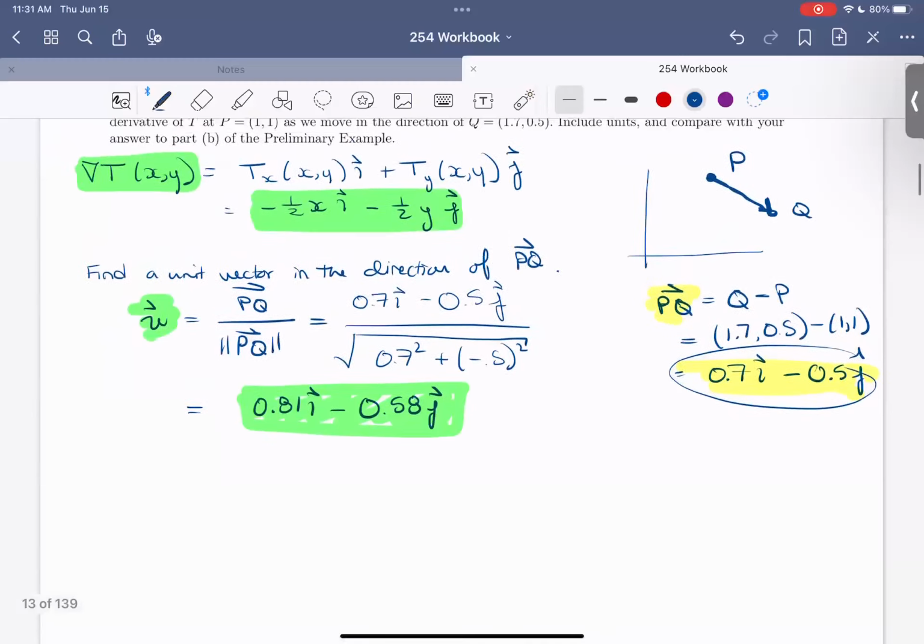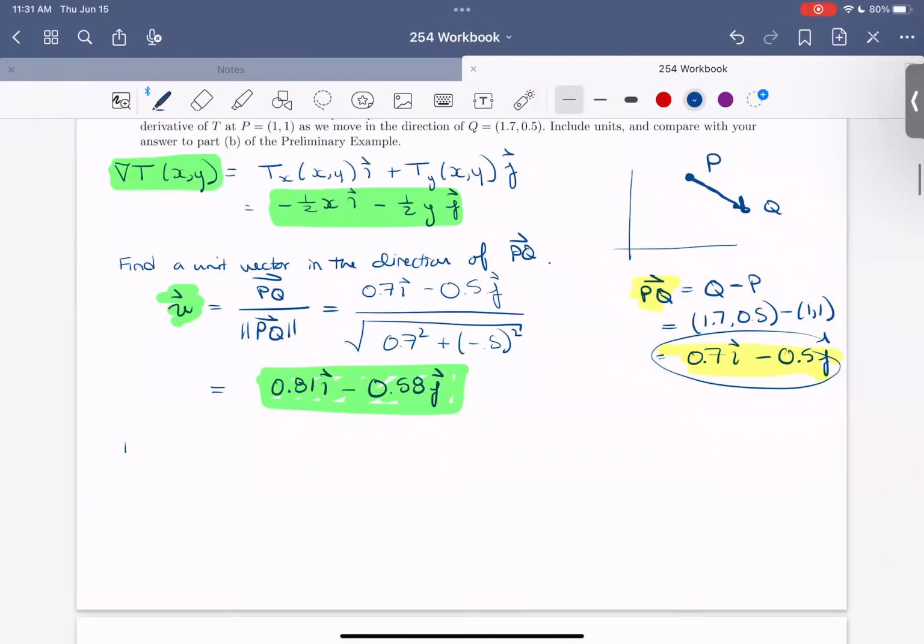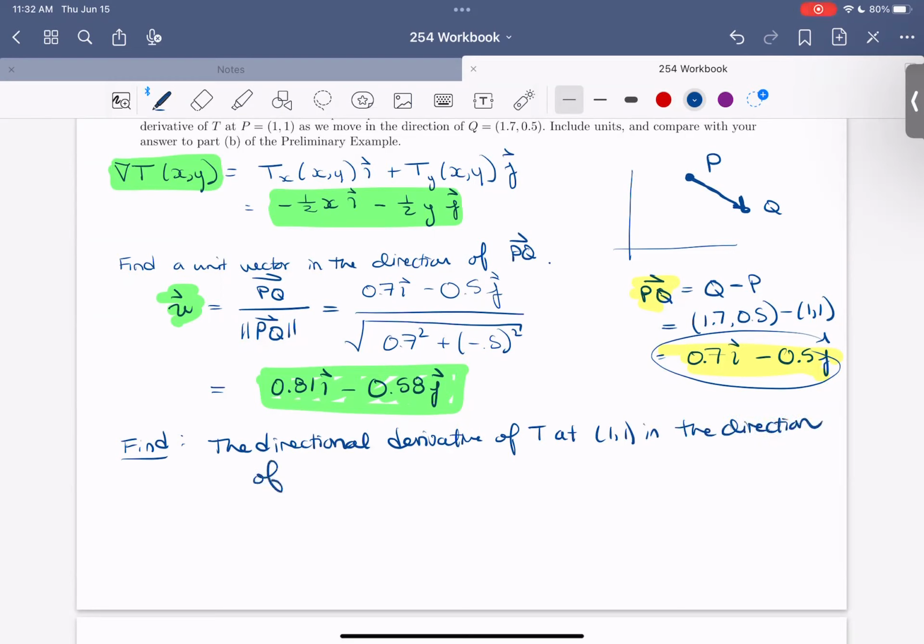Let's just recall what it is we're trying to find. Quick reality check. We want to find the directional derivative of T at the point (1, 1) in the direction of the vector PQ.